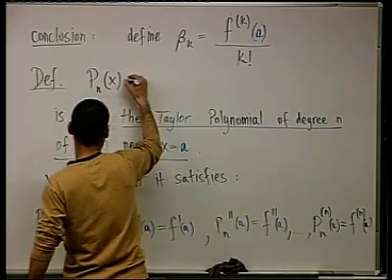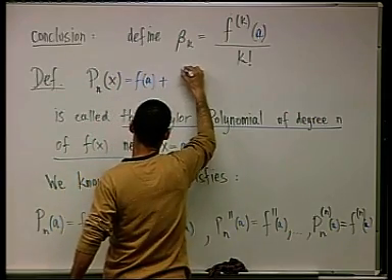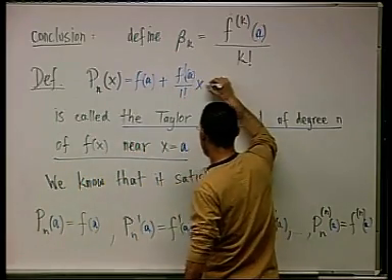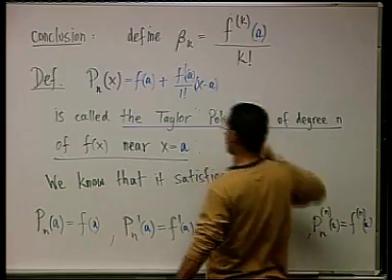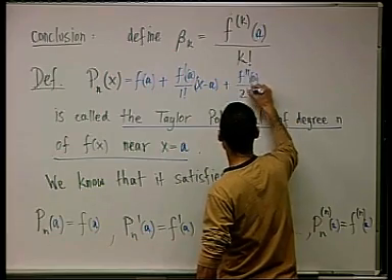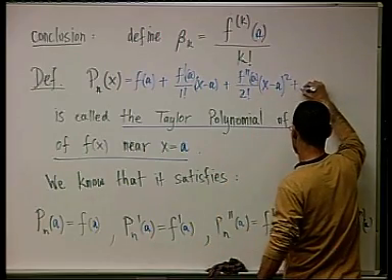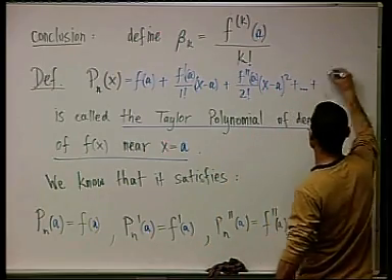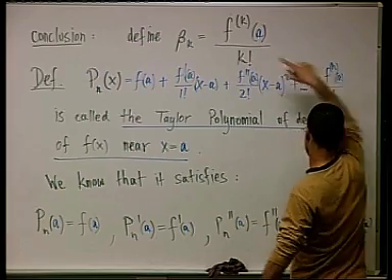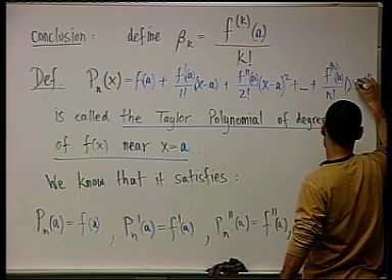Now it's going to be Pn of x equals f at a plus f prime at a divided by 1 factorial, not times x, but times x minus a, plus f prime prime at a divided by 2 factorial times x minus a squared, plus dot, dot, dot, and the general term f nth derivative at a divided by n factorial, I'm just taking these, but multiplying by x minus a to the power n.